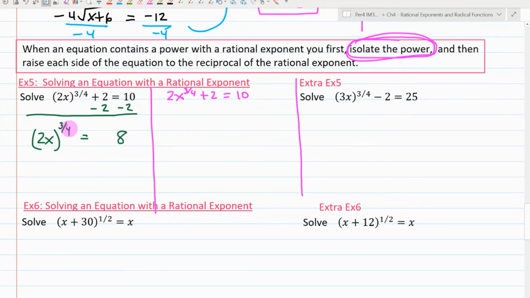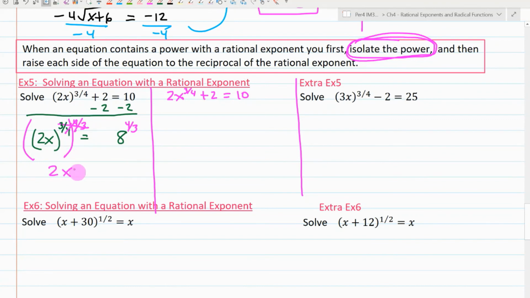And then since this 3/4 applies to all of that, in order to get rid of it, I'm going to raise each side to the 4/3 power. And really, it's a big old parentheses there. So raise this side to the 4/3. These cancel. Anytime you multiply reciprocals together, like 4/3 and 3/4, they cancel each other out and become 1.